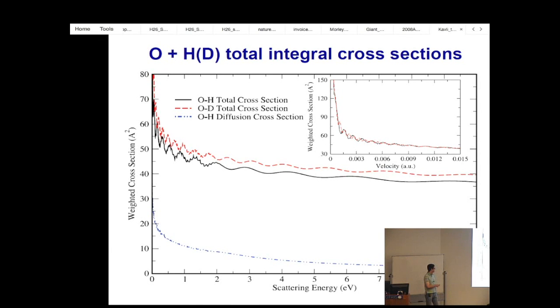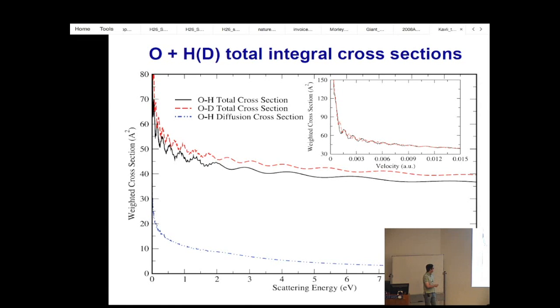And these are examples of detailed quantum mechanical cross sections for such a process. And then there is clearly a difference between the red and the black curve for H and for D. And also this would be the OH diffusion cross section, which will govern the diffusion of hydrogen in such a process.